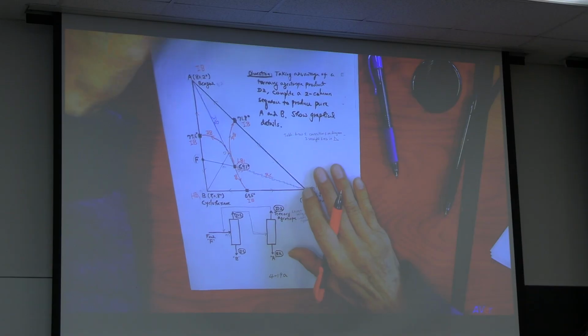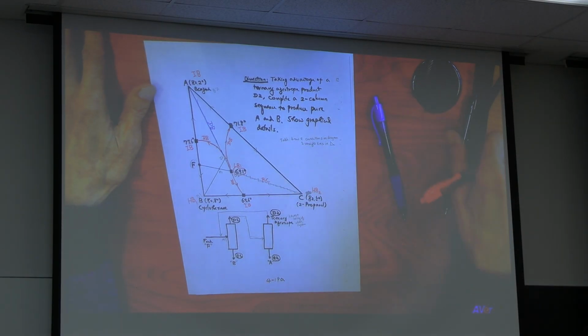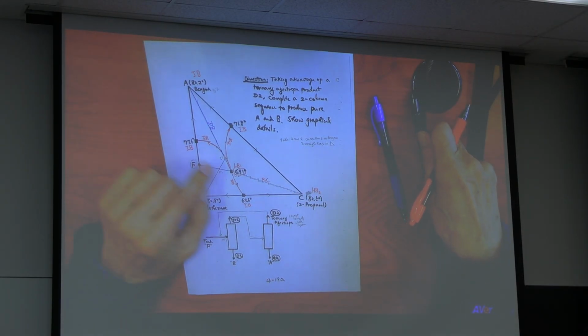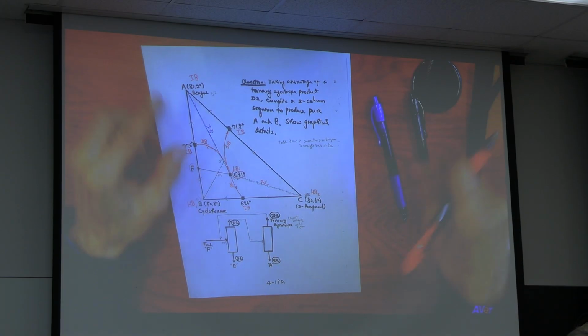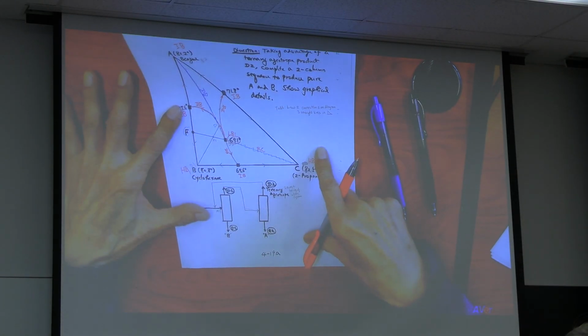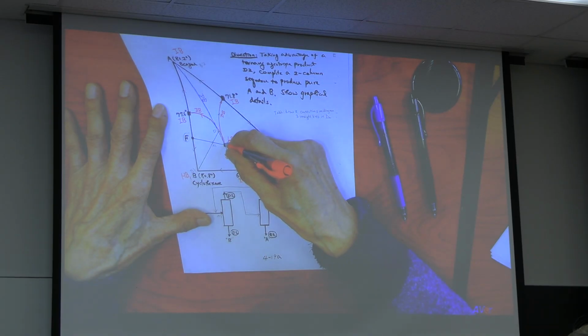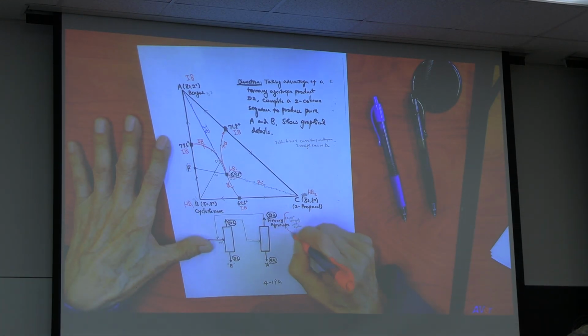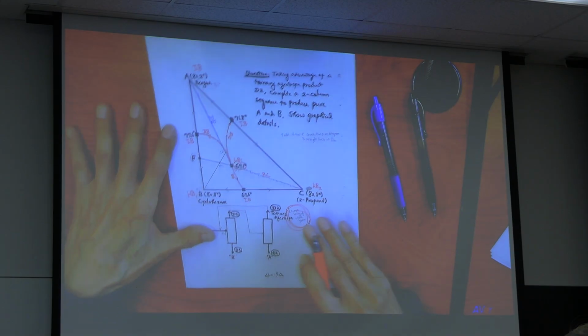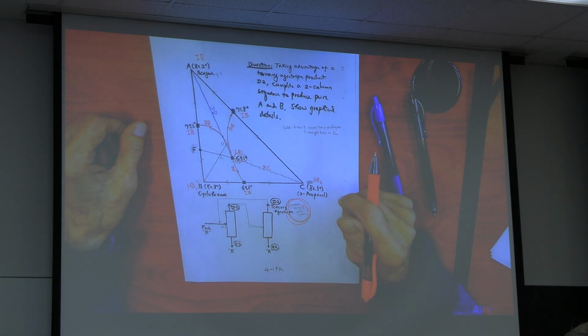So, the ternary azeotrope, 69.1, is the lowest boiling of the whole system. Distillate.